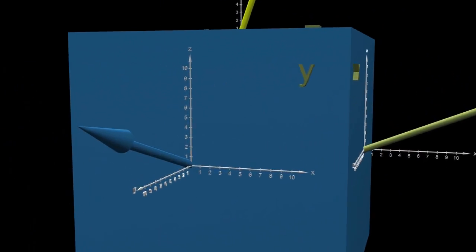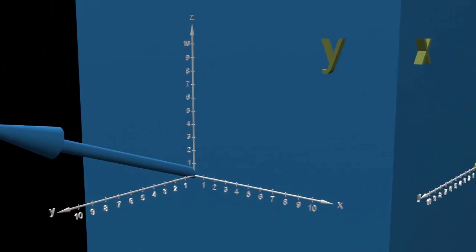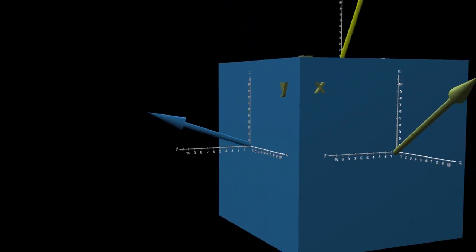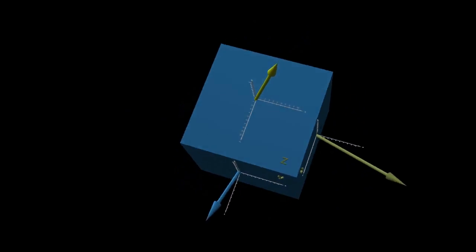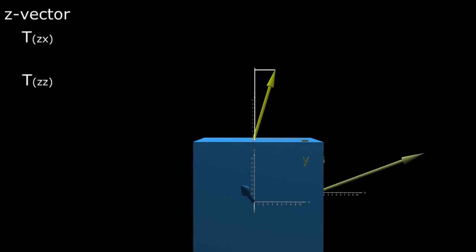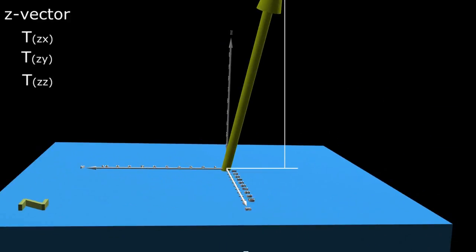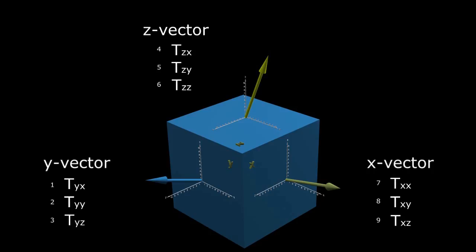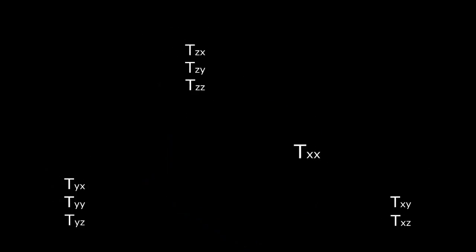The y face would be tyx, tyy, and tyz. Finally, the z face would be tzx, tzy, and tzz. As you can see, with 3 vectors represented by their 3 variables in 3D space, there are a total of 9 components which can be arranged in a 3x3 matrix like this.